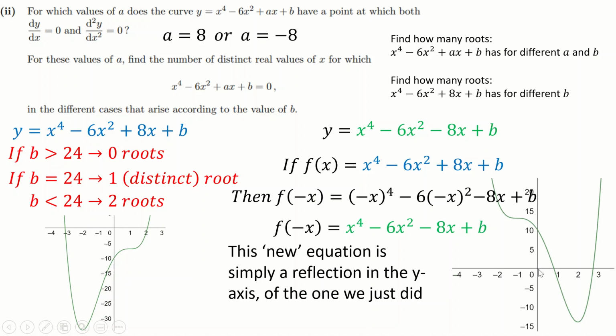Well, we just get a graph that looks like this, and the number of roots does not change. And the cases don't change either. It's just the same question, right? It doesn't matter whether the graph has been reflected like this. So whatever values we had for b here, they're going to be the same here, and we don't have to do the whole thing again. Really well done if you spotted that, because that was a difficult spot. Also really well done if you just did the whole thing again, because doing the whole thing again is good maths.